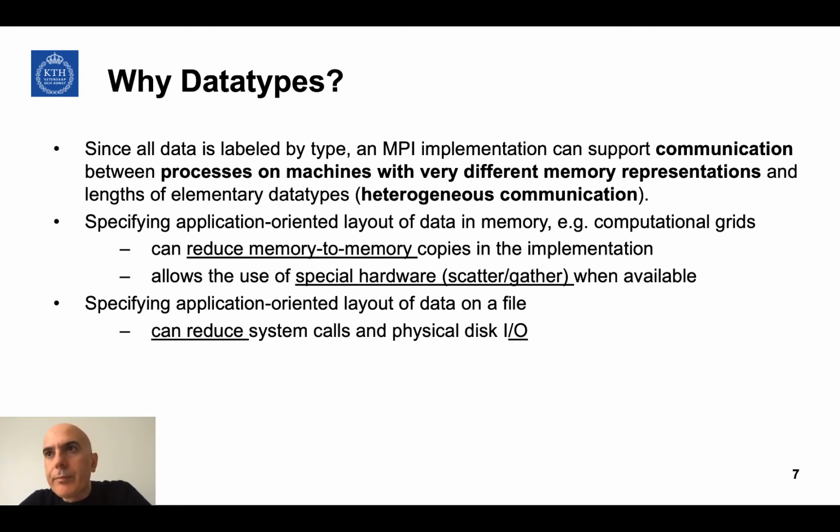So with MPI derived data types, an MPI implementation can access this kind of fast gather-scatter operation. Also, MPI data types are largely used in I/O to specify application-oriented layout. So when we do MPI I/O, we will come back to these MPI derived data types.